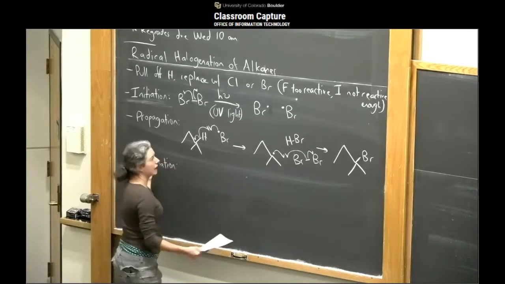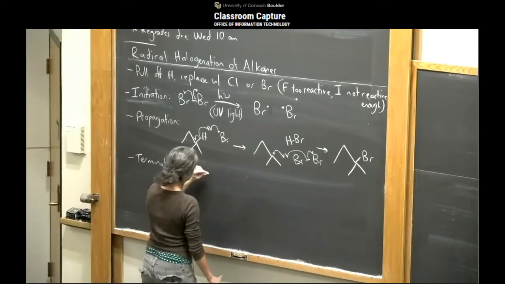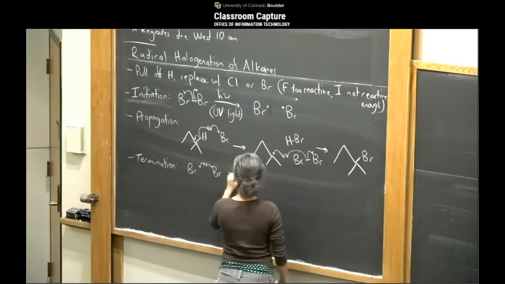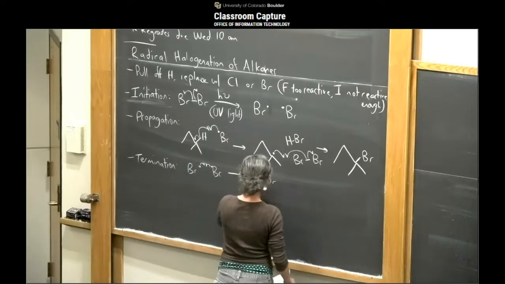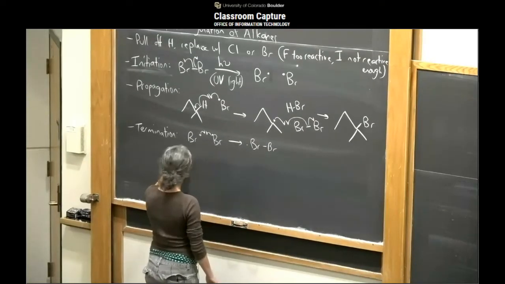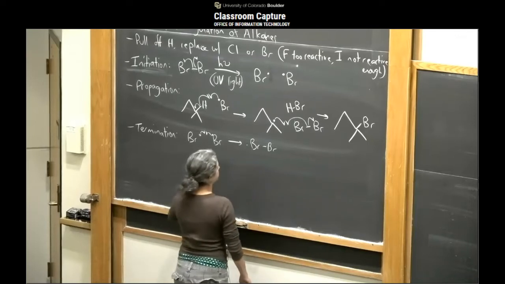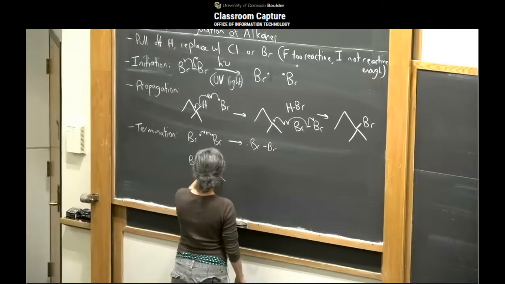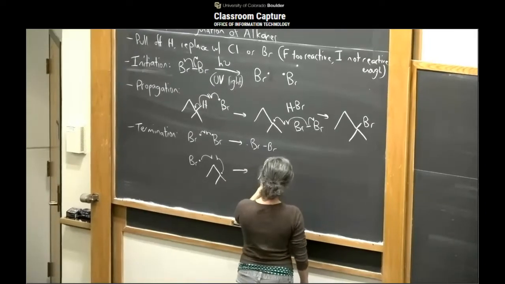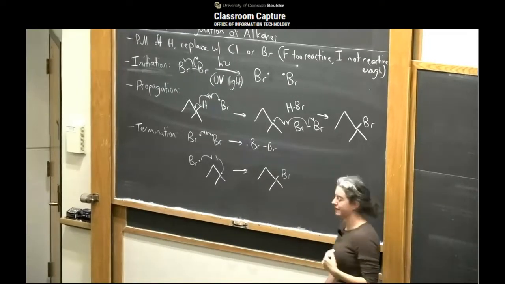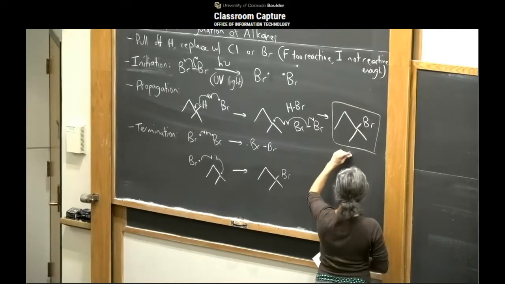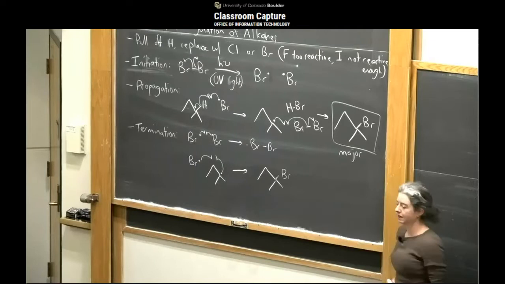So that could look like maybe two Br dots getting back together, or maybe Br dot and molecule dot getting together, which happens to give us the same product as the major product of propagation up here.